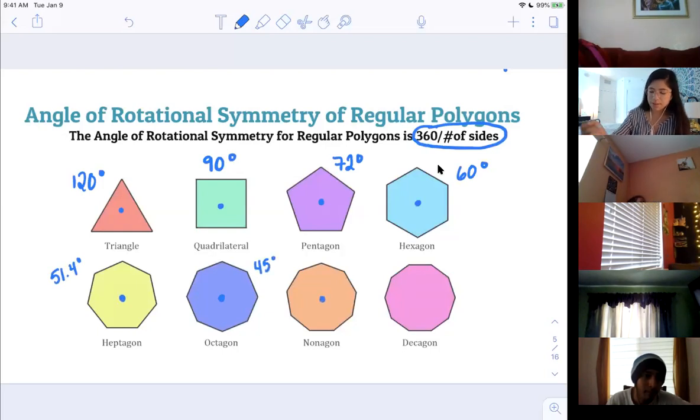Nonagon. It's called a nonagon, 9 sides. I honestly didn't know that. Is nobody going to say the number? I've never heard of that. Well, now you have. Let's go. 360 divided by 9. 40. Is that what you said? Yeah. Good. And finally, decagon.